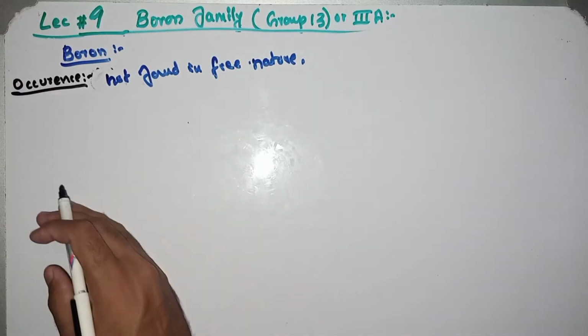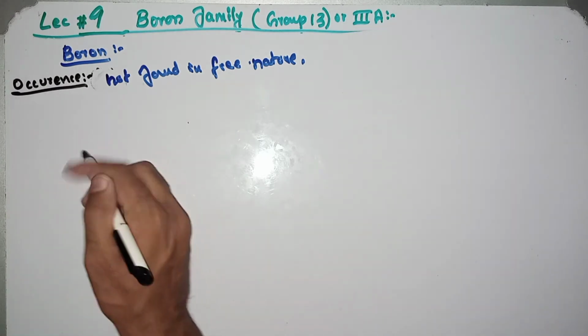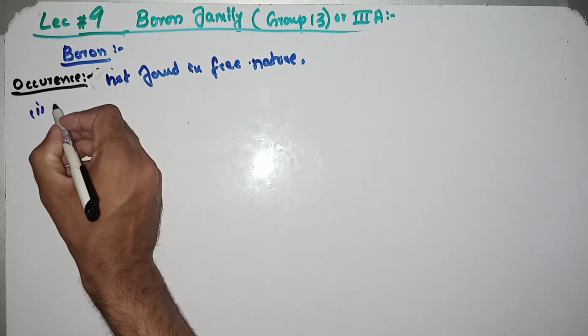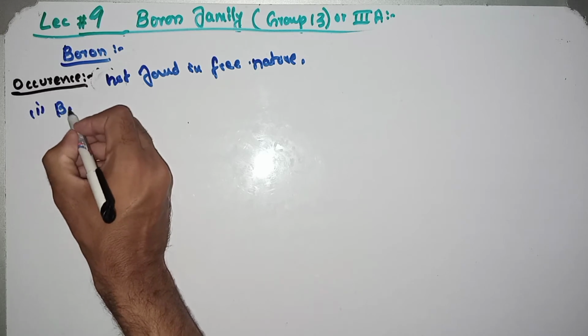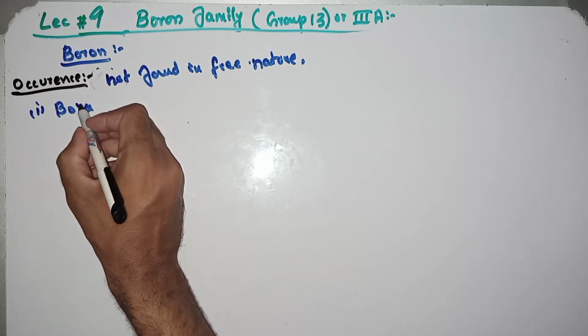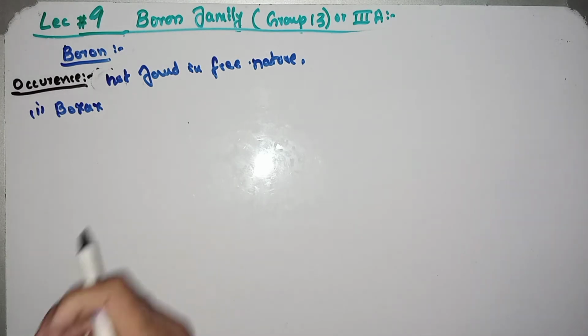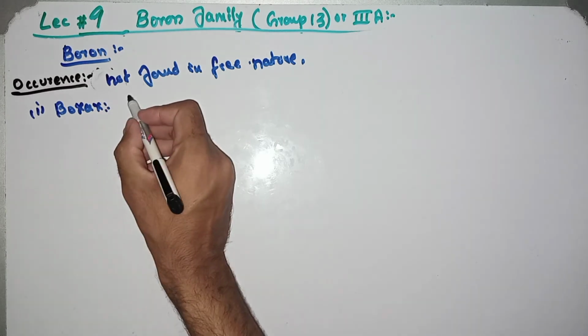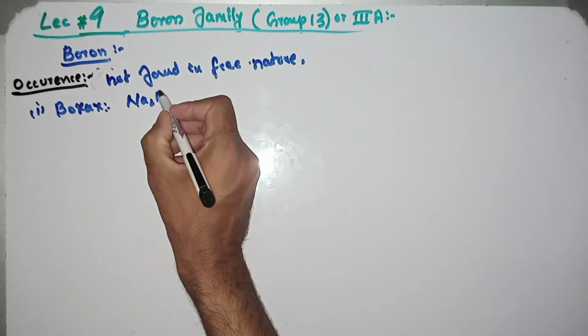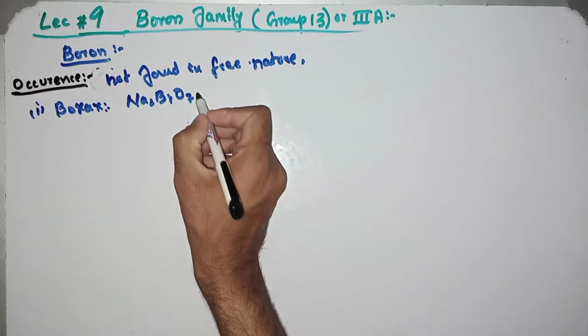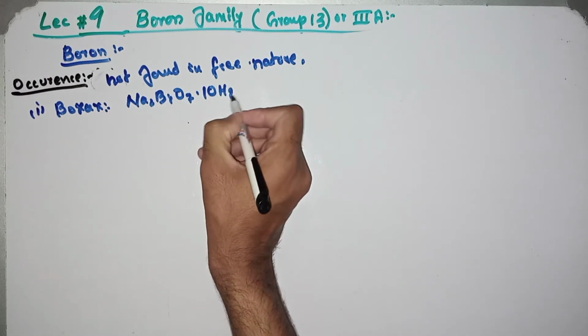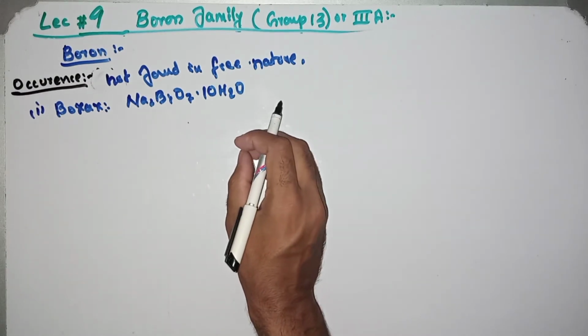So I will show you some important compounds of boron. The important one is borax. Borax is very important, it is a compound of boron. Boron can combine to form salts, like borax, whose formula is Na2B4O7.10H2O.